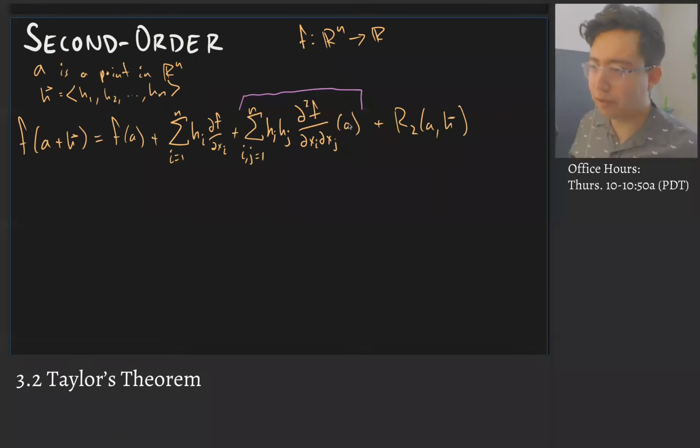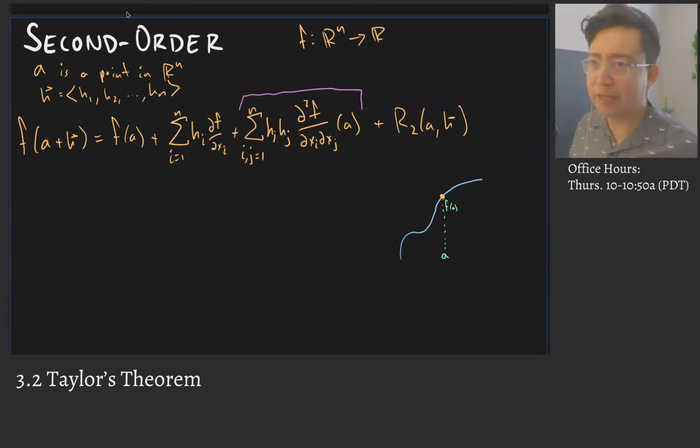So if we're following along at home, you have maybe some curve, and you have a point on the curve like this. This here is a, and this here is f of a.